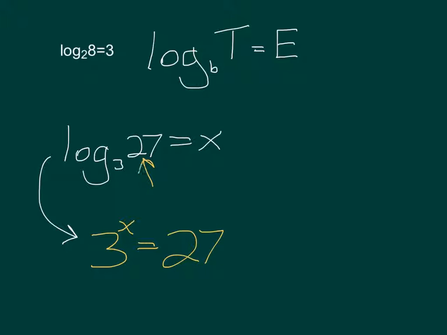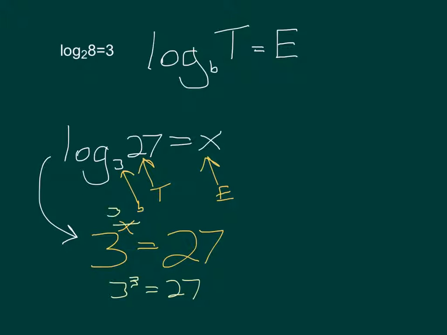So target, base, exponent that you're trying to raise it to. And then to solve this problem, you just think backwards. So what do I raise 3 to get 27? Well, I have to raise it to the third power, because 3 to the third is what gives me 27.